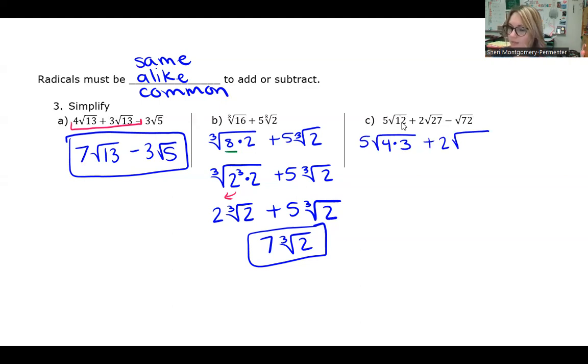Yeah, and 9 is in that x squared column, so that works. 9 times 3. So in the last root, 72, that's also not in the x squared column. But is there a perfect square that goes into 72? There is. Something times one of those will give you 72. 36.